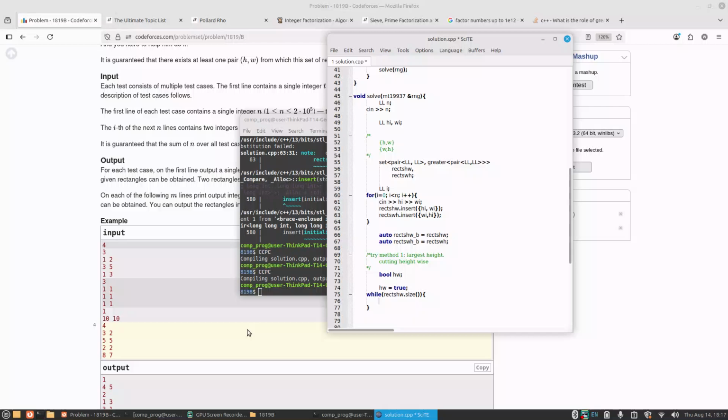I think it's better to just do this recursively.